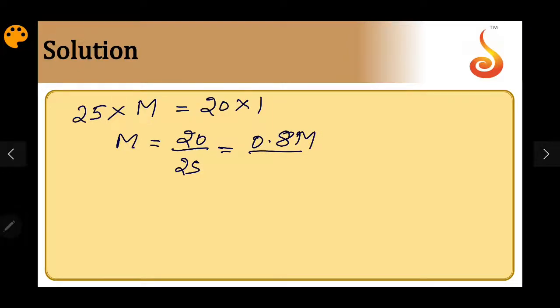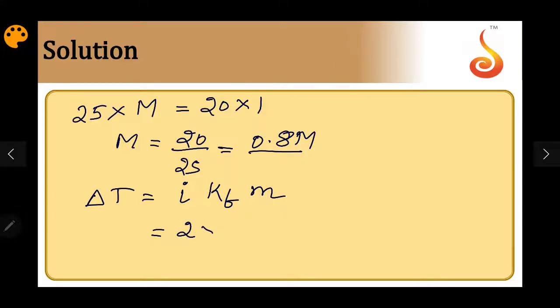So delta T is equal to, it is KCl, I will come, i into Kf into M. Assuming 100% dissociation means i is equal to 2, KCl 2 particles. So i is equal to n if 100% dissociation.